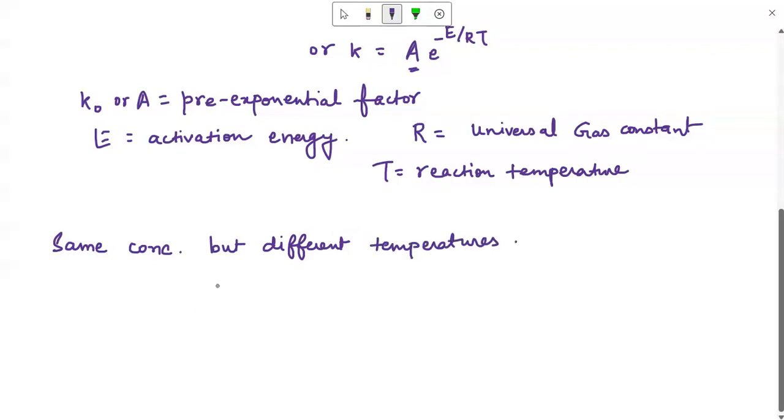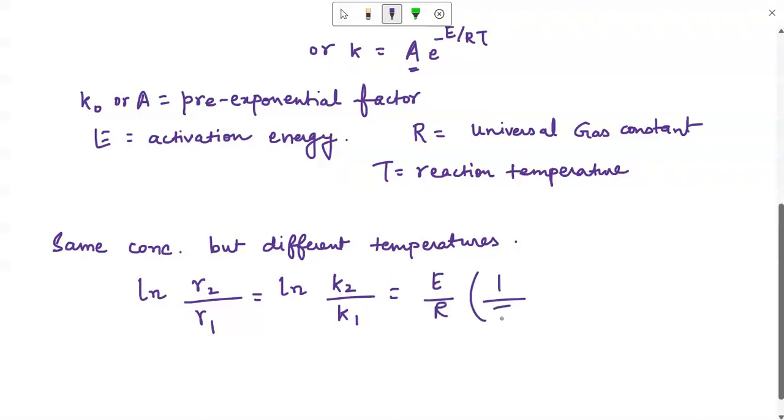Then the Arrhenius law will boil down to the natural logarithm of R2 by R1, where R2 is the second state and R1 is the first state of temperature, equals ln k2 by k1 equals E by R times (1 by T1 minus 1 by T2).